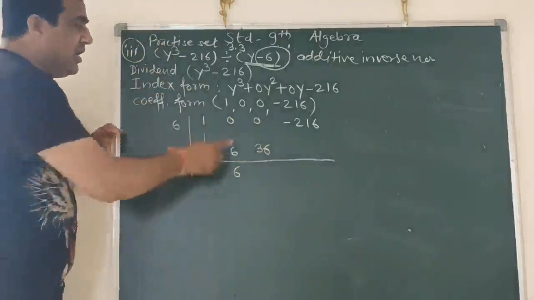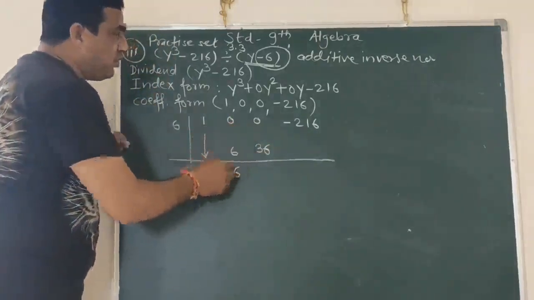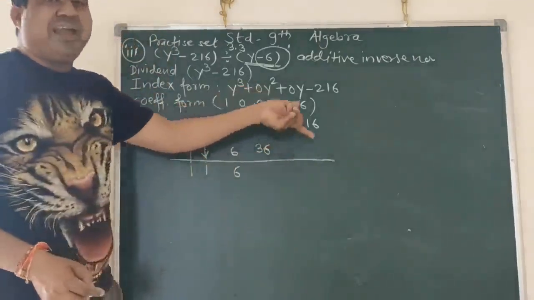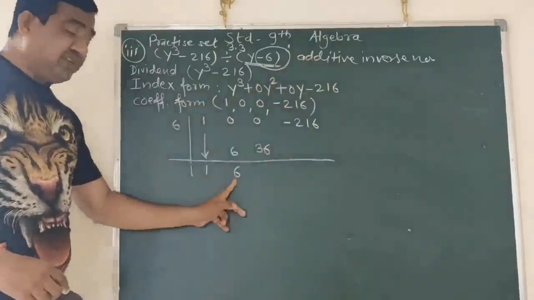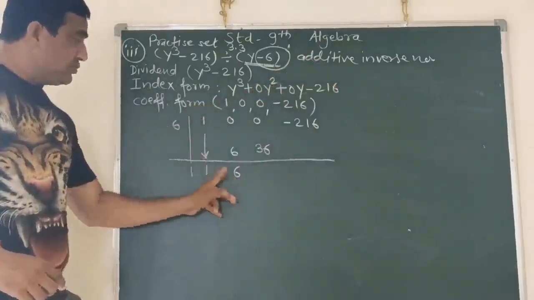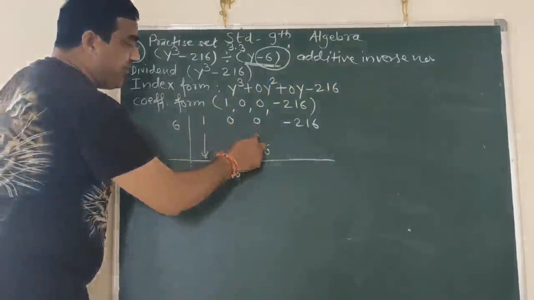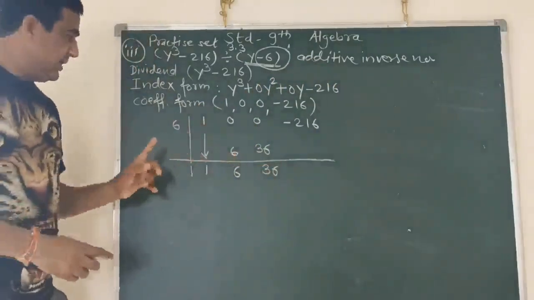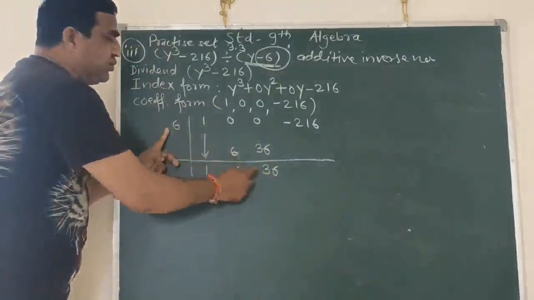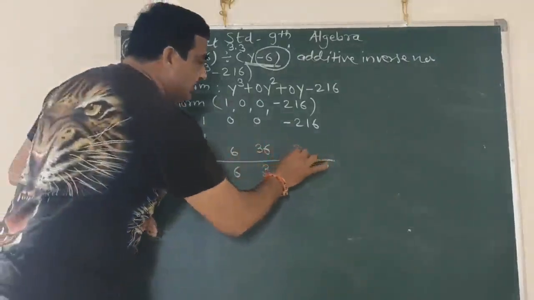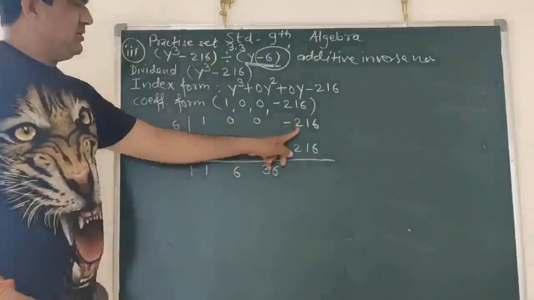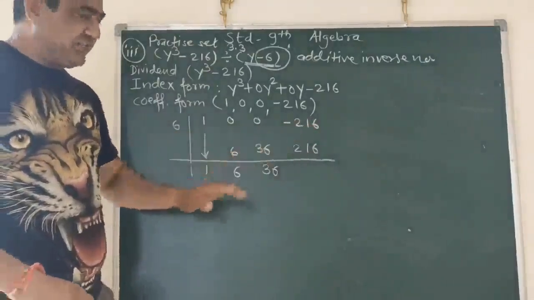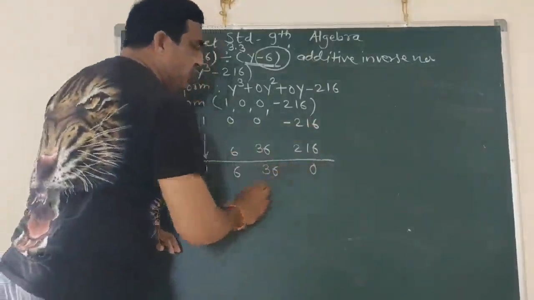Now perform addition: 0 plus 36 is 36, written here. Now perform the product: 6 into 36 is 216, below the next number. Performing the addition or subtraction, we get the answer 0.